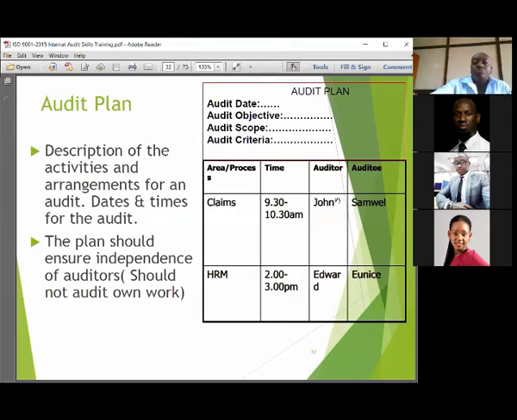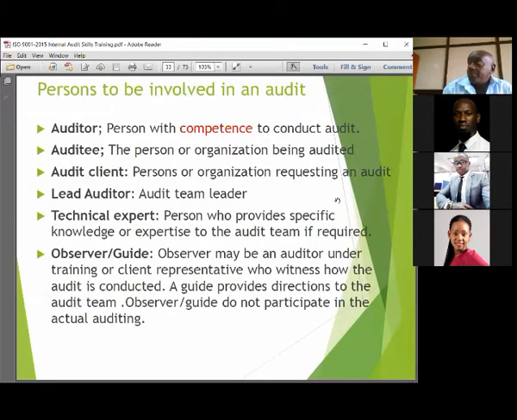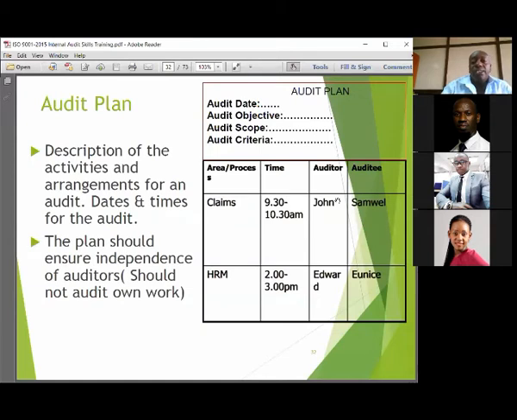Audit scope, but this has to be consistent with the program. Audit criteria, it will be stated there. Then the area, like for this is claims, time. So the auditor has been assigned 9:30 to 10:30, one hour. Auditor, John, auditee somewhere. Maybe that time it will be Ri or 9, I don't know.